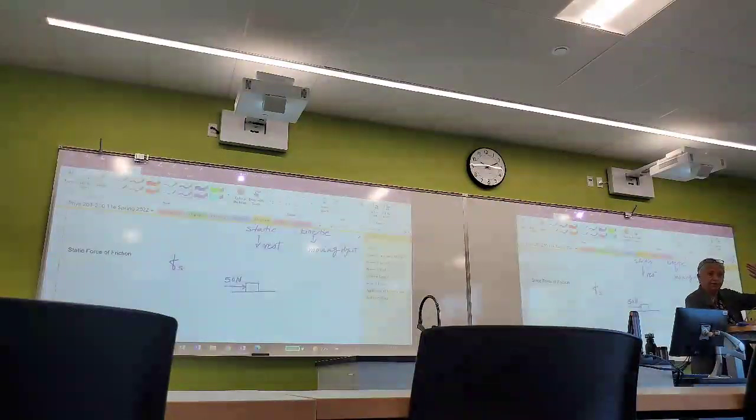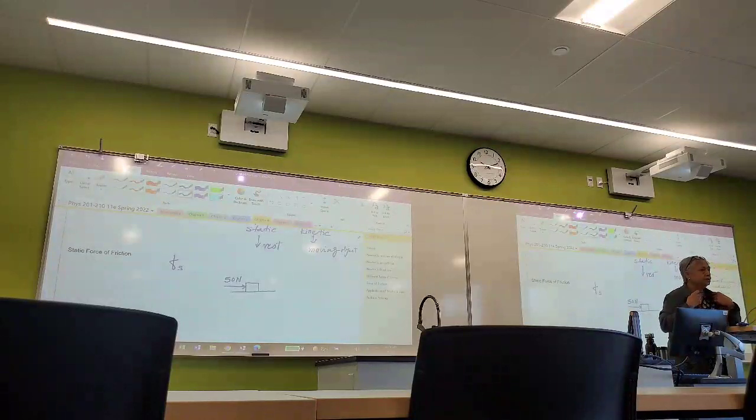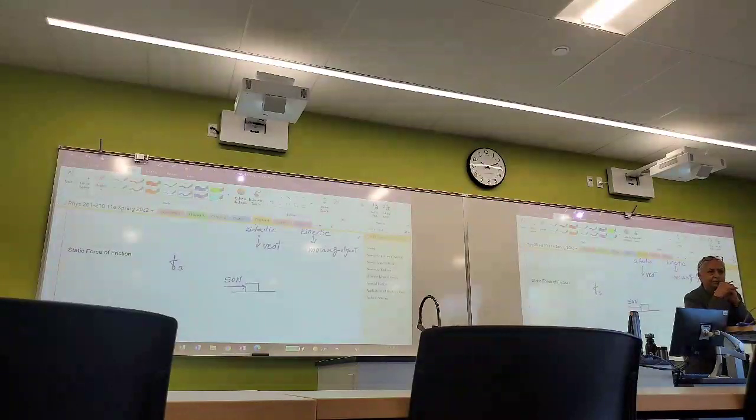According to Newton's law, if there is a force, the object should have moved, right? But if it doesn't move, what does it mean? It means there is an opposing force, right? Is that opposing force 50 or more than 50? We don't know.